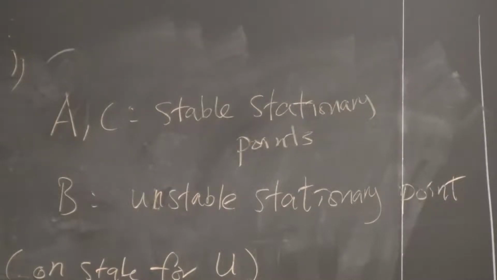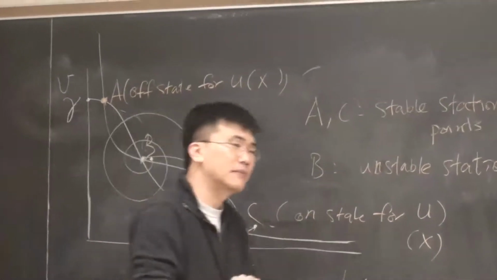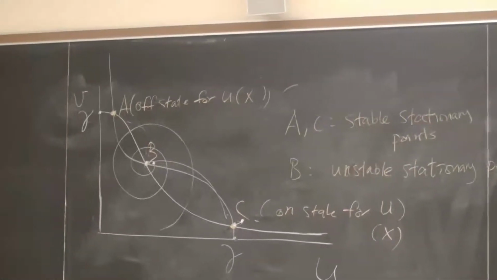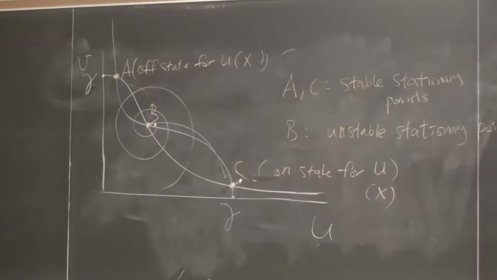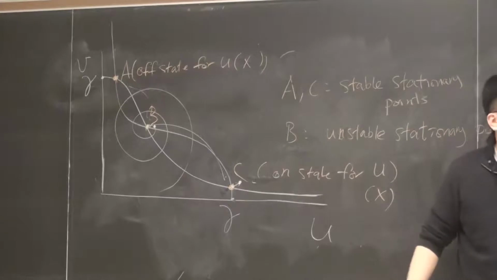Depending on the parameters, it can circle around to move away, or it can just go there directly. That depends on the eigenvalues of the matrix that you will deal with. So that is a graphical explanation of what's going on in this toggle switch.